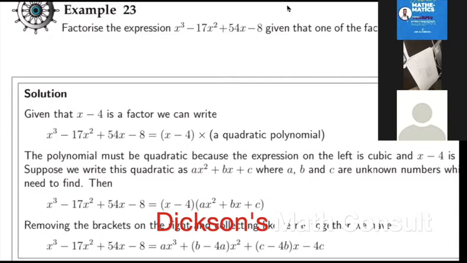Now cross that particular number to the left of the equal to sign. You realize that you have an equation, x minus 4 is equal to 0. So it means that x minus 4 is a factor of the polynomial. Do you get it? Yes, sir.